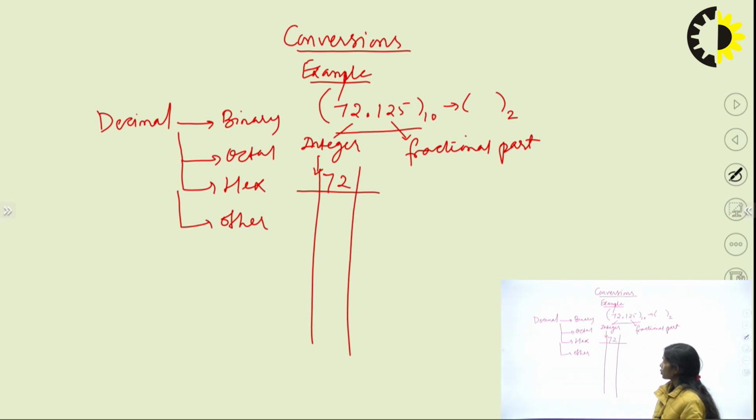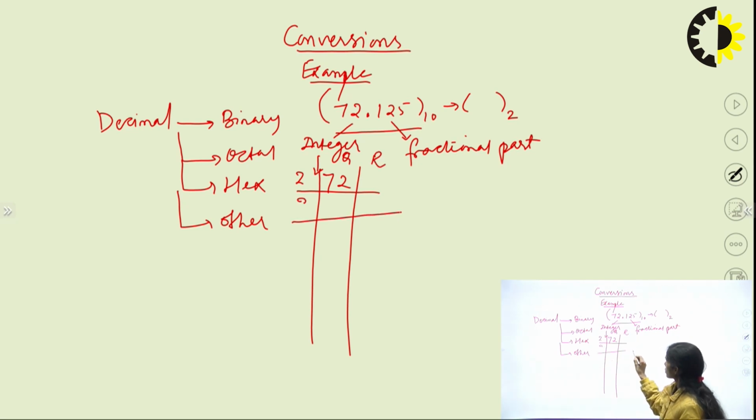And if I have to convert into the 7 base system, it will be divided by 7. I am going to divide by 2 because I need to convert this into a binary number. This column represents quotient and this column represents remainder.